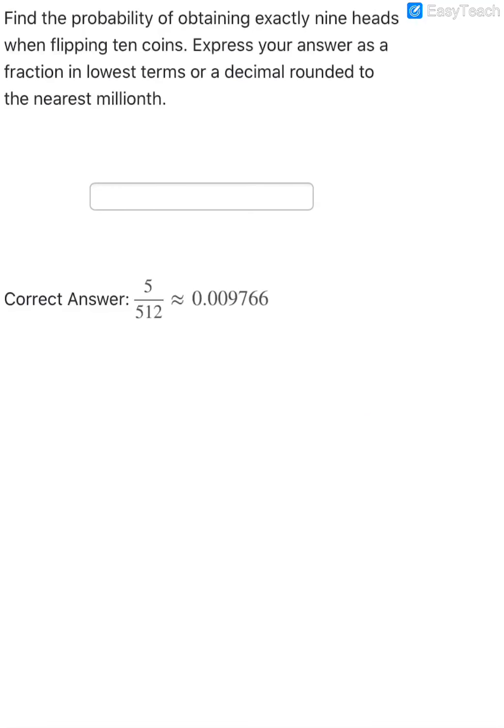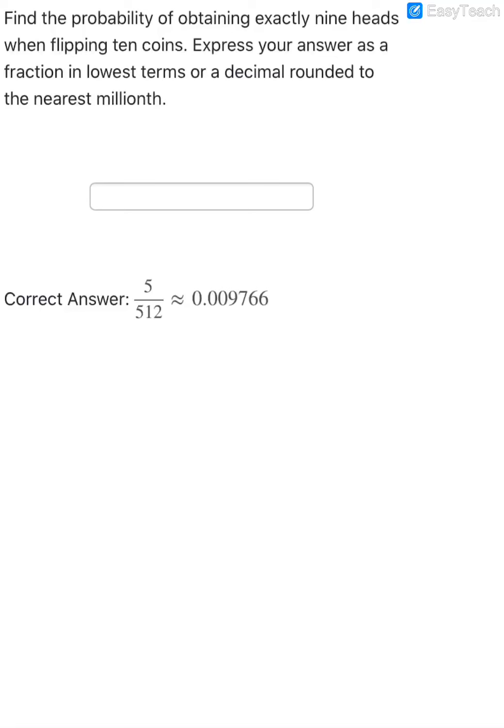Okay, so next example, find the probability of obtaining exactly 9 heads when flipping 10 coins. And it says express your answer as a fraction in lowest terms, or again a decimal, round it to the nearest millionth. The first thing I'm going to think about here would be the denominator.